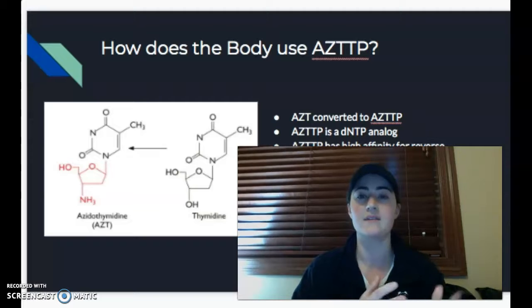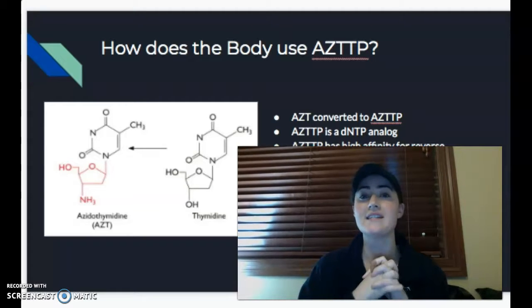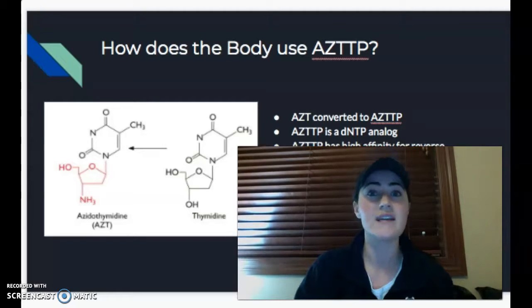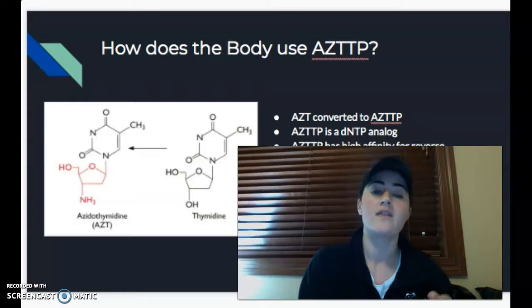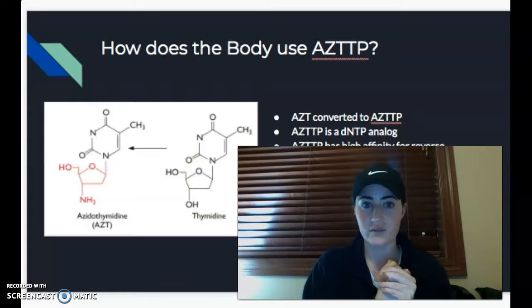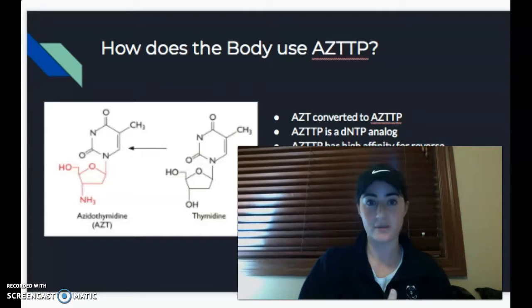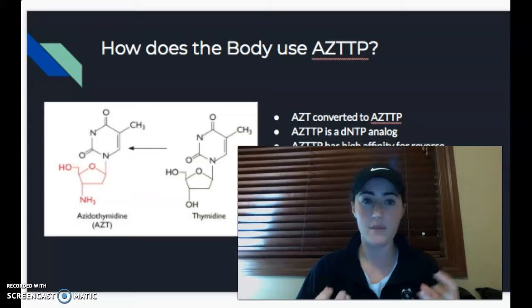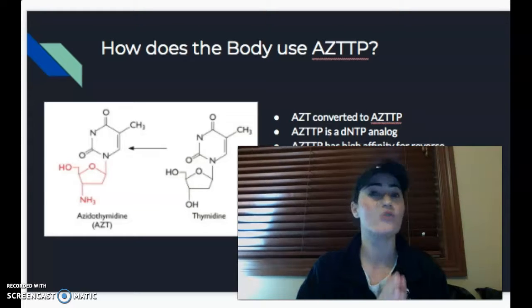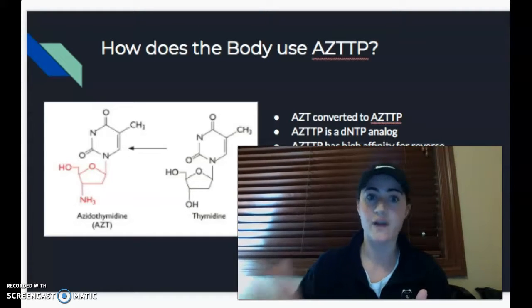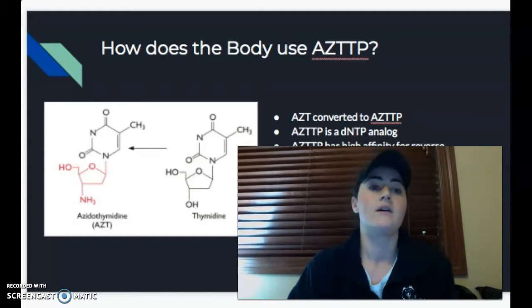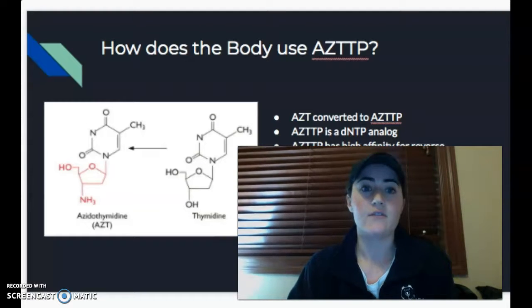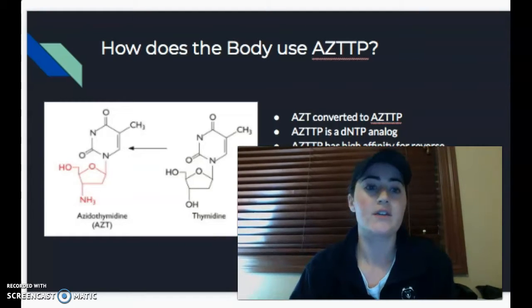Now, something that's important to note is that AZTTP is what's called a dNTP analog, and this is going to bind to the reverse transcriptase template complex, and it's going to be incorporated into the growing viral DNA strand.